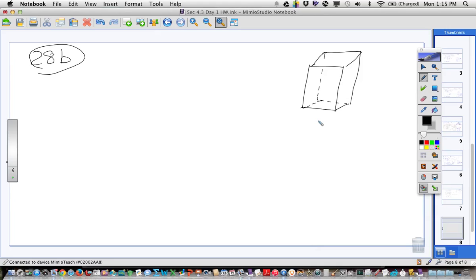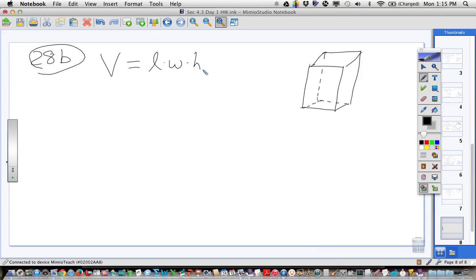So step 1 is what? Volume is what we're looking for. So V equals. Step 2, write an equation for volume. What is it?